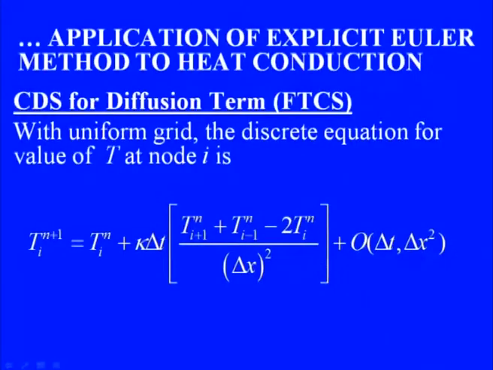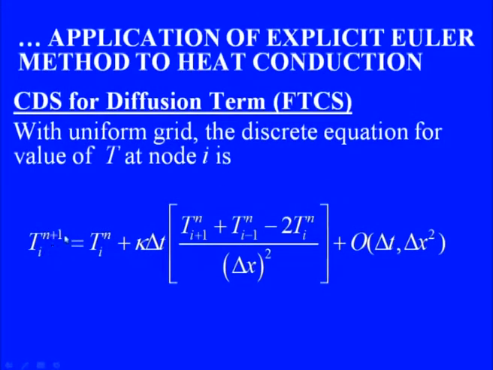Suppose we choose the central difference scheme, called CDS, for the diffusion term ∂²T/∂x². The resulting scheme is popularly called FTCS, forward time central space. This is a shortened notation for the forward Euler in time and central difference scheme in space.